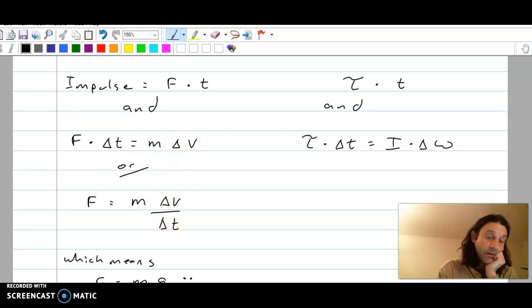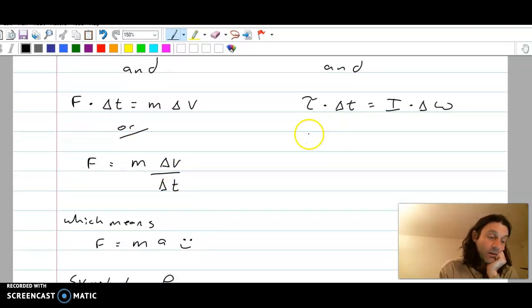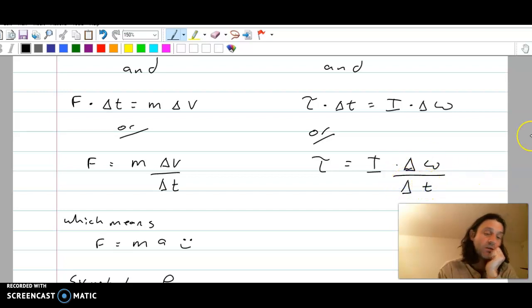You guys all know this. I can solve and isolate a torque. I could also write this as, instead of an F, a torque is equal to an I times our change in omega over a change in time interval.